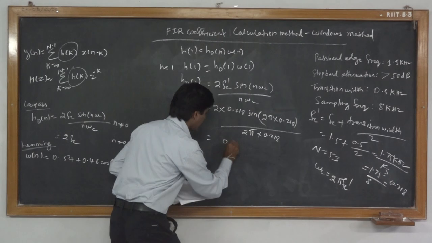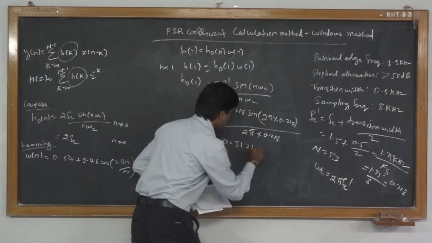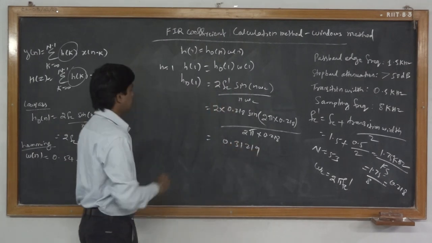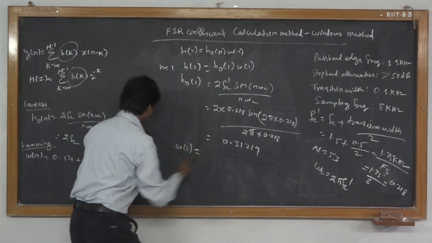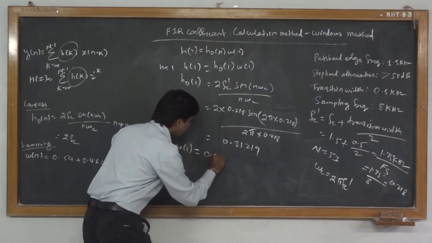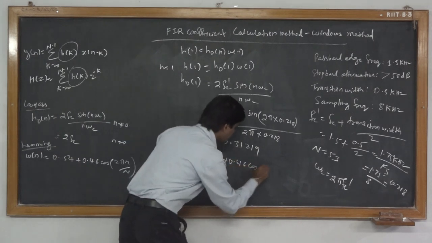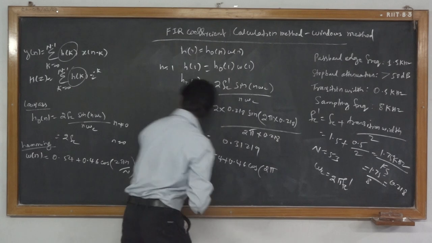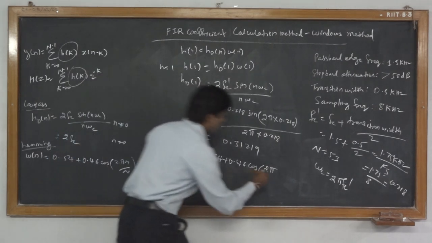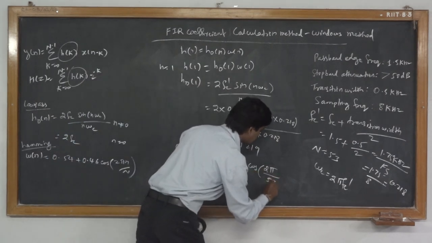The answer is 0.3121. The next step is to calculate w of 1, which is nothing but 0.54 plus 0.46 into cos of 2 pi n upon N, where small n is 1 and capital N is 53.